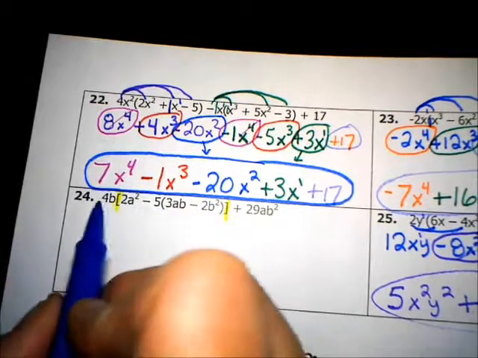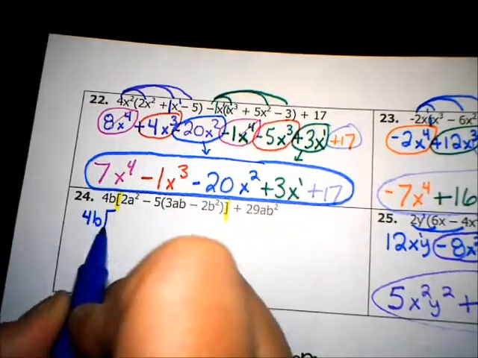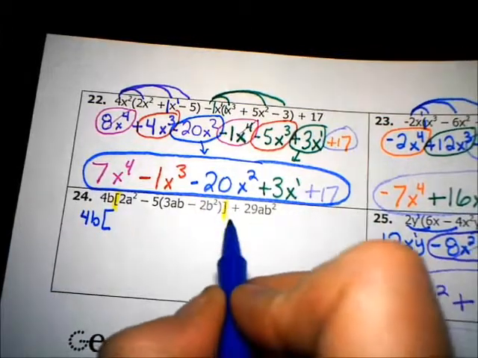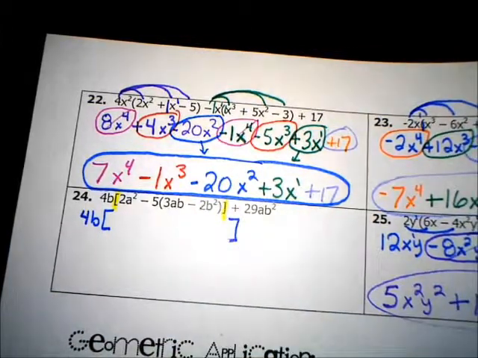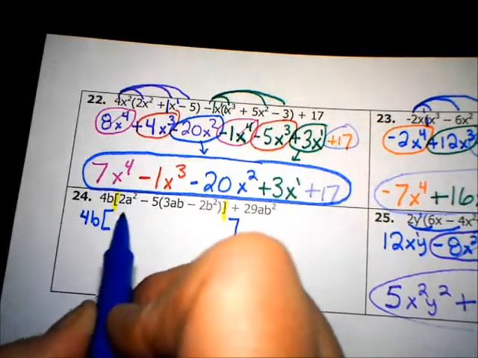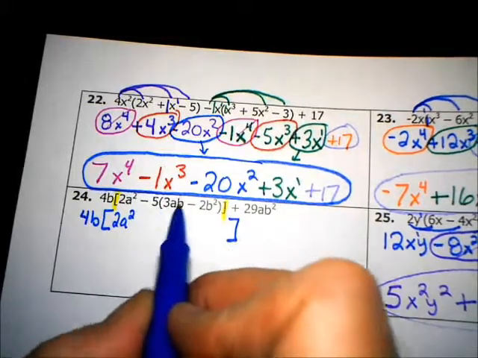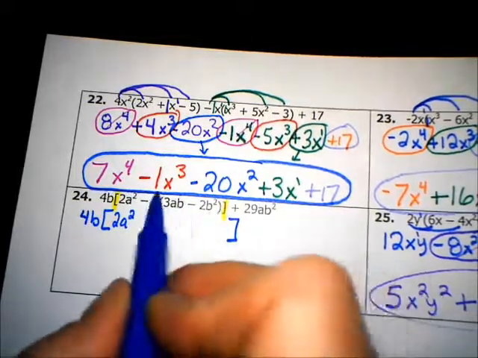So I'm not touching the 4b on the outside. I'm just going to bring it down, my first step. I'm bringing my brackets down the way they are. The 2a squared, nothing is happening to it, so I'm just going to bring it down. But now, right here, this has another set of parentheses.